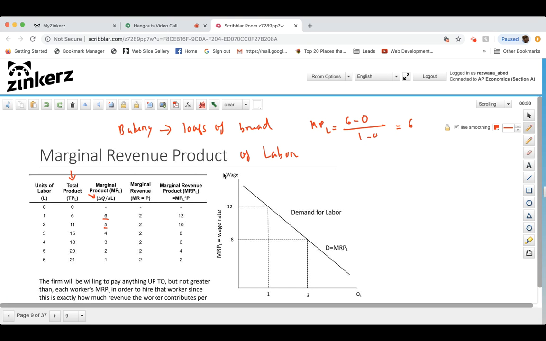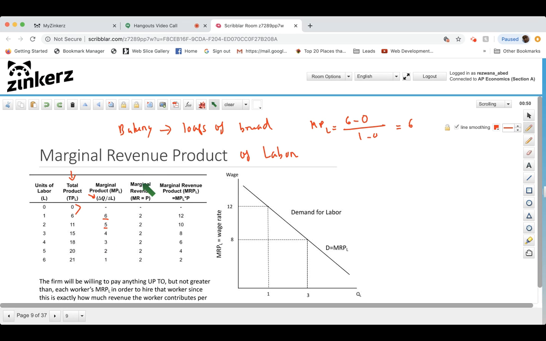That gives you 6. This is how we do it for every one of these quantities. So 11 minus 6, and the change in labor is always 1, because we're going in 1 increments. So 11 minus 6 is 5, 15 minus 11 is 4, 18 minus 15 is 3, and on and on.